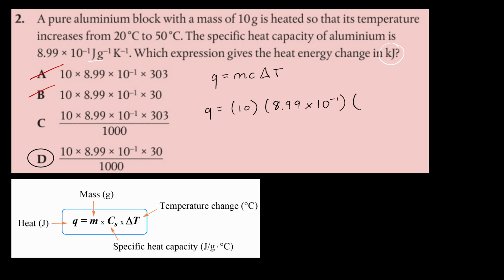And our change in temperature was 30 degrees Celsius. Remember, we can just use that in exchange for Kelvin because it's a change in temperature. So the change in degree is the same in Celsius and Kelvin. And then we are going to divide that by 1,000 because we are currently in joules and we want to get to kilojoules. So this would be our expression here, which is going to give us D as the answer.